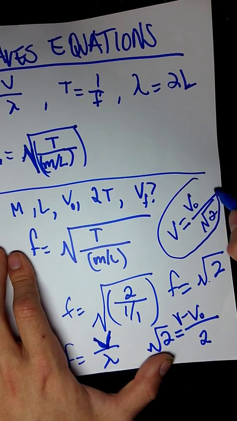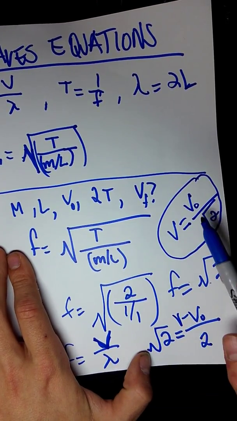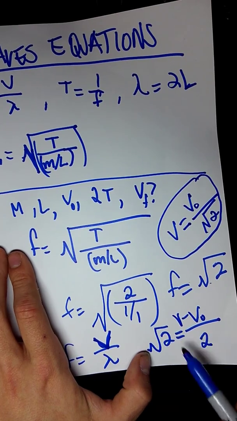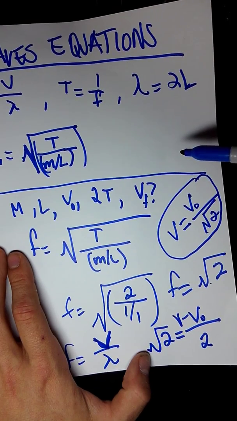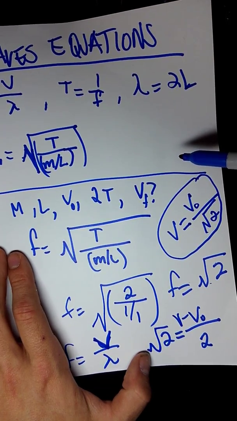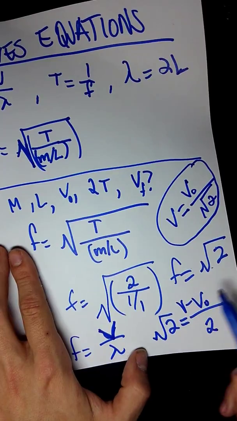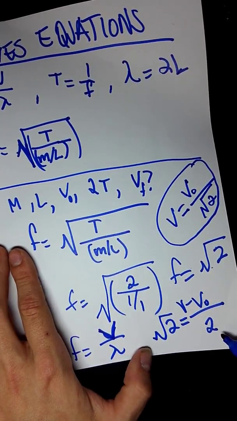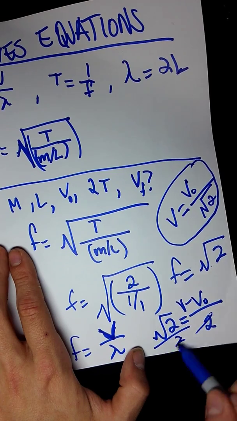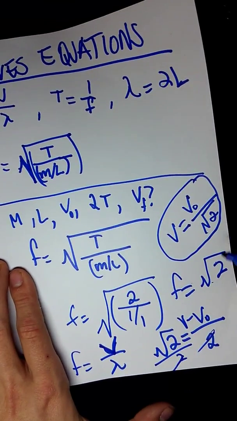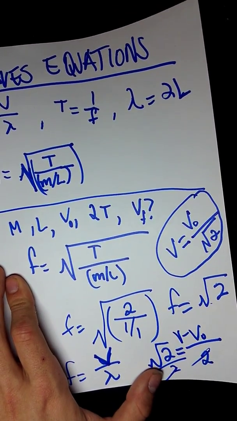That's my final answer. I get that because I rearrange this. My lambda in the original problem was 2, and so those two 2's cancel out, and I get velocity final is equal to v naught over root 2.